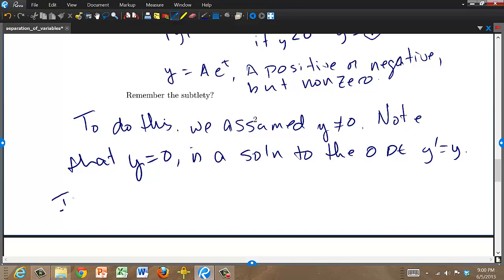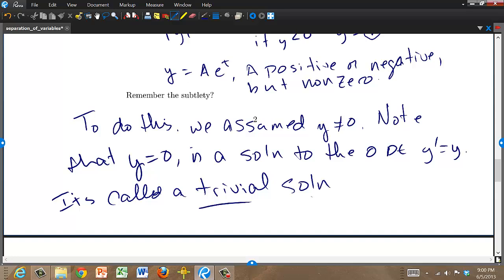Okay, it's called a trivial solution. And anytime you go through this process, you have to go and try to find the trivial solutions at the end.